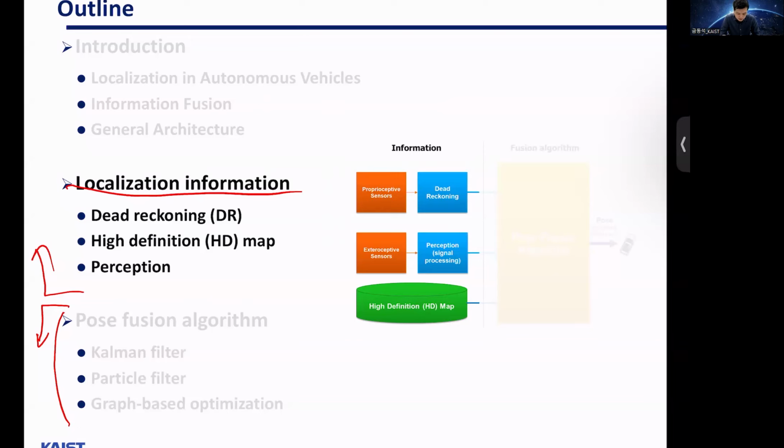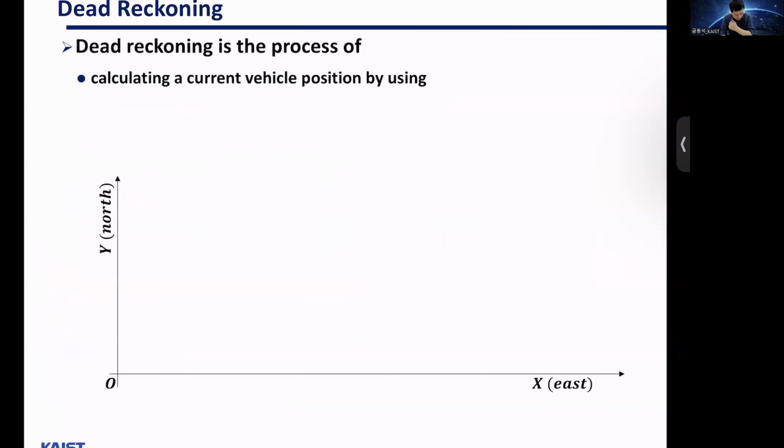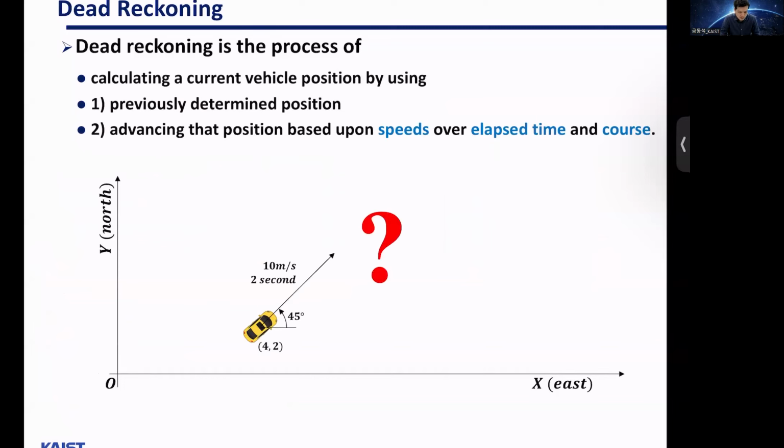So let's start with dead reckoning. Dead reckoning is the process of calculating a current vehicle position by using a previously determined position and advancing that position based on speed over elapsed time and course.